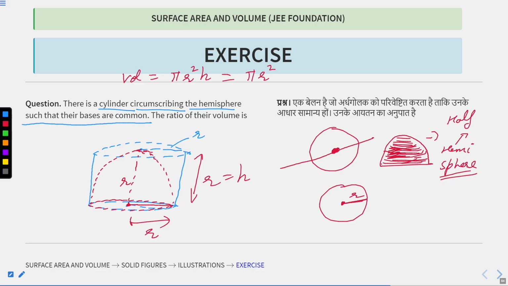And the volume of the hemisphere is equal to half of the volume of the sphere. The volume of the sphere, we know, is equal to 4 pi r cube by 3.